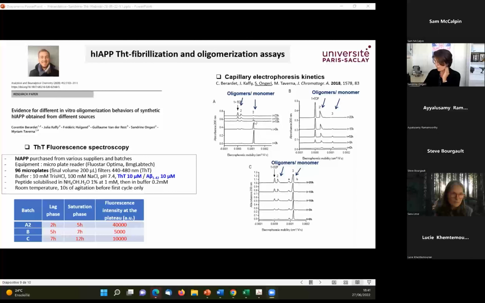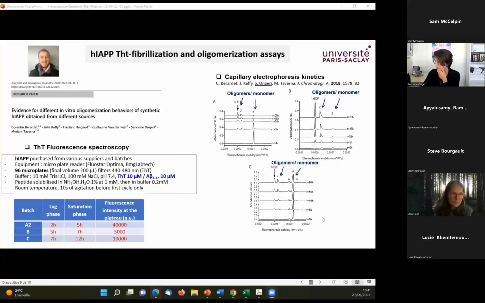After 10 hours, you have almost no more monomers in the case of batch A, while here you have almost no monomers from the beginning, and you have a large amount of oligomers very quickly. And in this case, you can see that after 20 hours, we still have a lot of monomers. So in fact, the aggregation and the oligomerization were completely different.